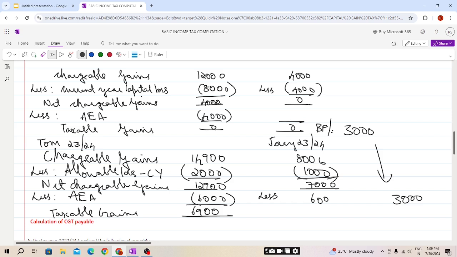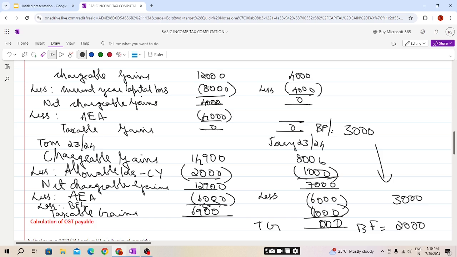So here we'll claim 6,000, less 1,000, students, less brought forward loss. Here it was 0, in this case it is 1,000. So the taxable gains will be 0. So the remaining brought forward loss will still be 2,000.